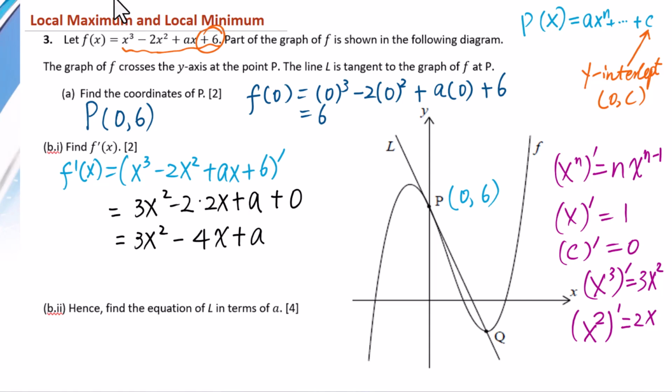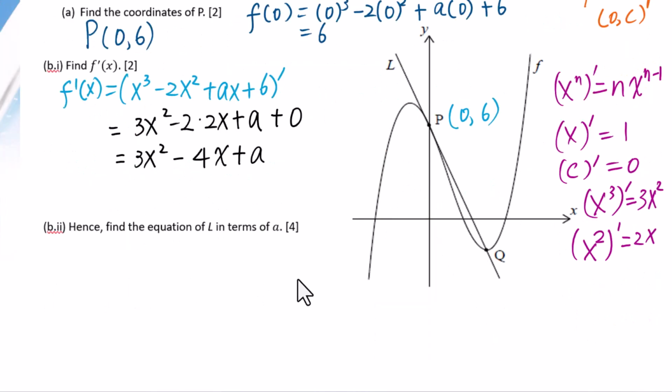Let's go to B2. Hence, find the equation of L in terms of a. Since L is the tangent line at P, we have to use this formula. Since this is a tangent line, I will use m sub t to show that, y minus y1 equals m times x minus x1. We are already given x1, y1 is 0, 6.